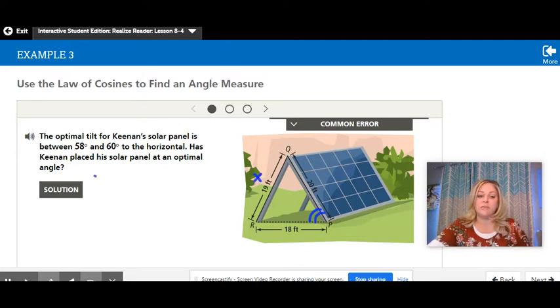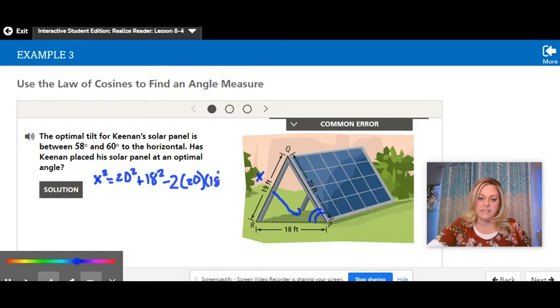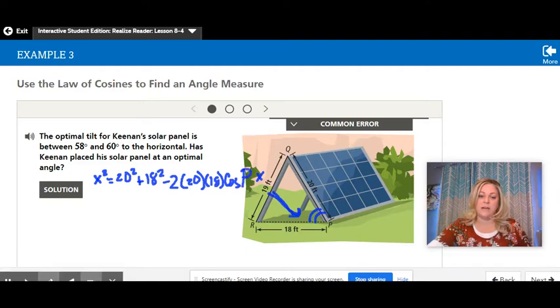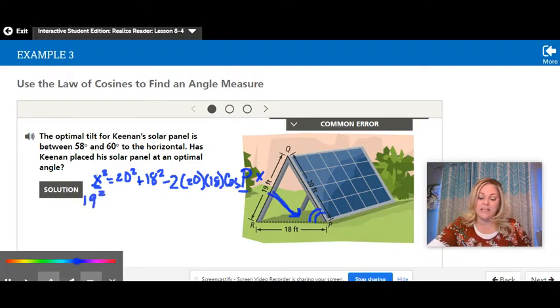So think of the formula we've been using: x squared equals, all that stuff we've been doing, the side lengths that we don't need, squared, minus 2 times 18 times cosine of the angle across from it, which is cosine of P. Now, we have everything we need except P. The only difference is we also need to plug in the side that, in the past, we haven't had. But we have it this time. So we're going to say 19 squared is going to be in place of this x squared.